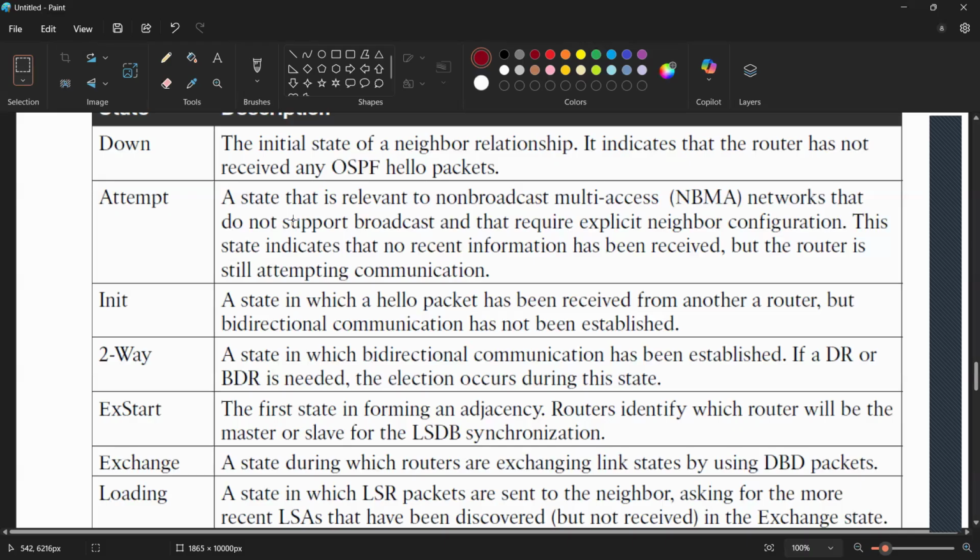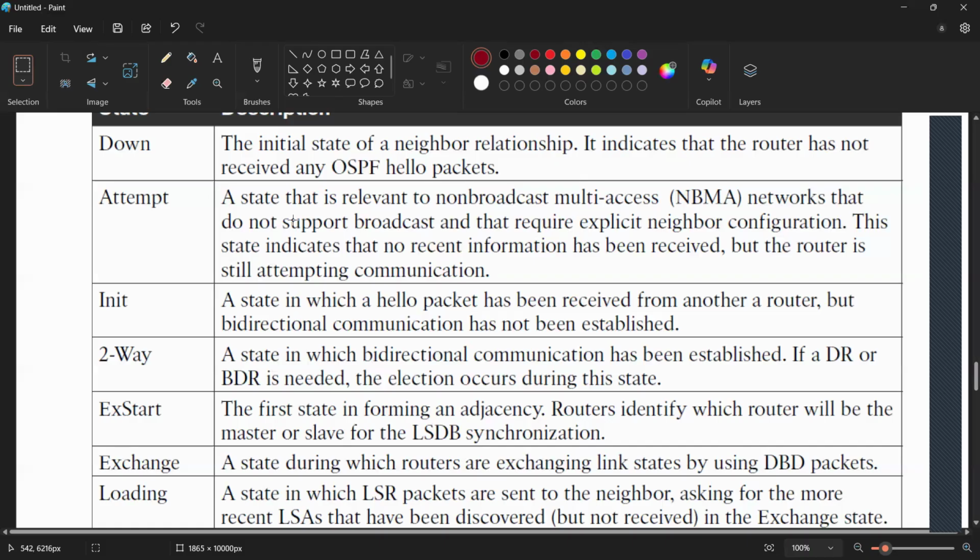But slave still has something to send. So what will slave say to master? That I still have some information I need to send you, but without sending master's database, this guy cannot send. So what will happen at the end? Master will start sending empty databases. And in response, slave will send the database information. That is so technical. You have to go to CCIE level for that.